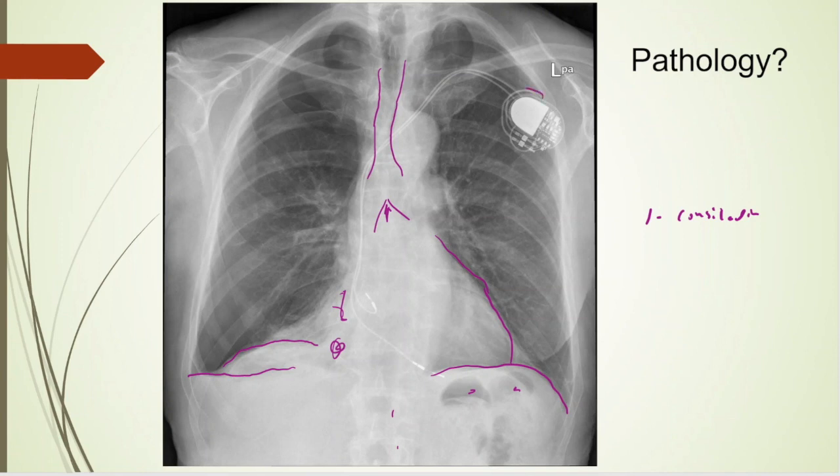So you see a pacemaker. You see the leads coming down. Lead and lead. And that looks all right, although that's more radiology territory as far as I'm concerned. So the lung markings, let's do left side first.